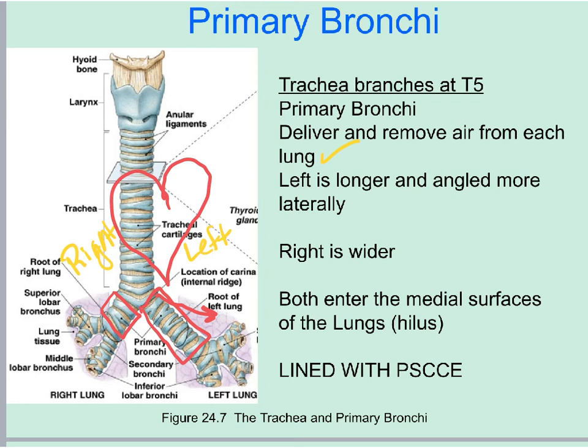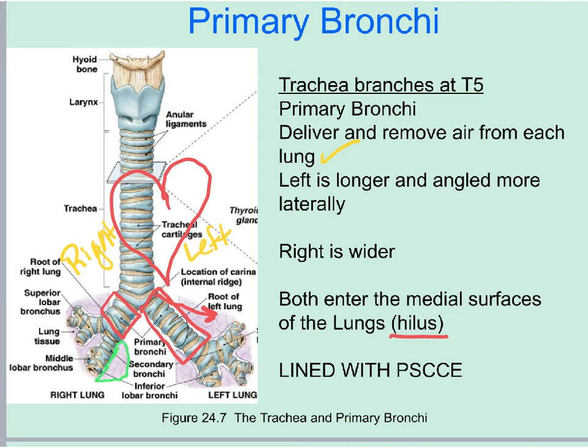Now, each one of these primary bronchi enters the soft tissue that we would recognize as lungs at a location on the lungs that we call the hilus. So let me get a different color out here. Maybe I'll use green. And in purple, all of this, that's the soft lung tissue, right? That's going to be made up of some connective tissue and structures called alveoli.